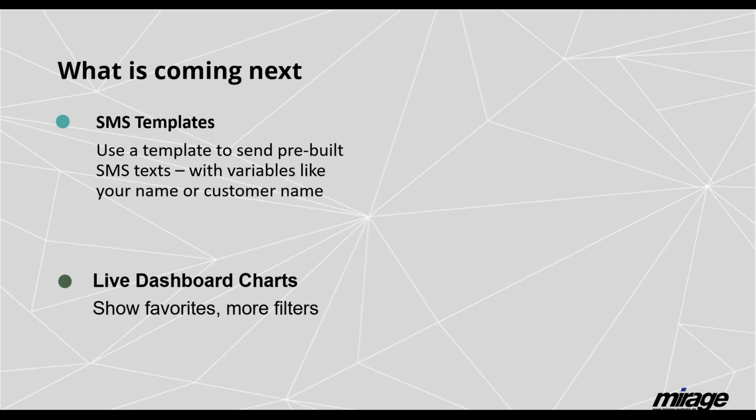That means if you are in a setup where you work with different countries or different branches in a company, and you want to see just the information of your colleagues on the live dashboard, you can choose that.